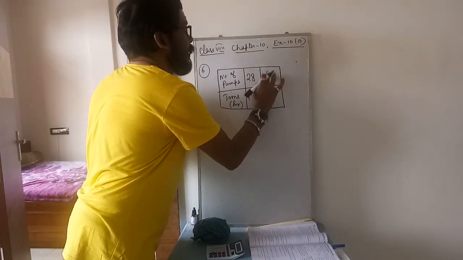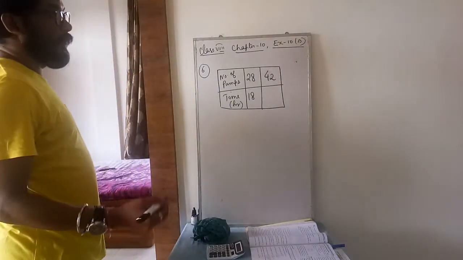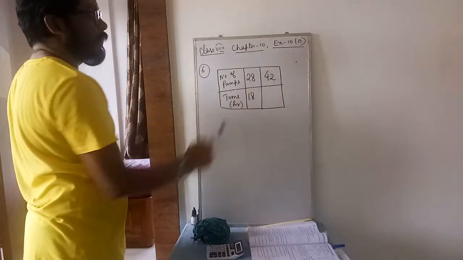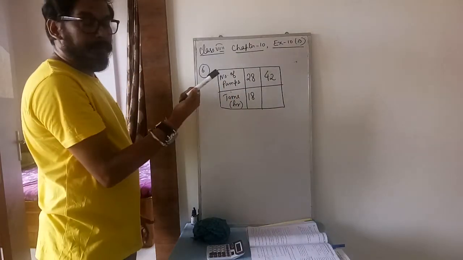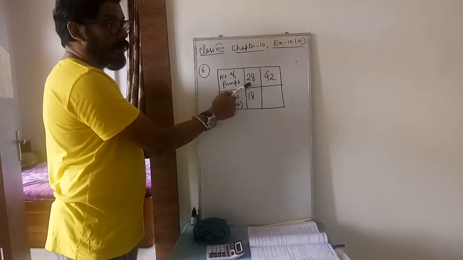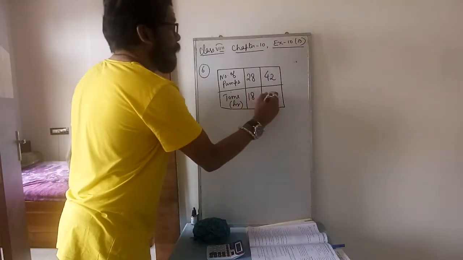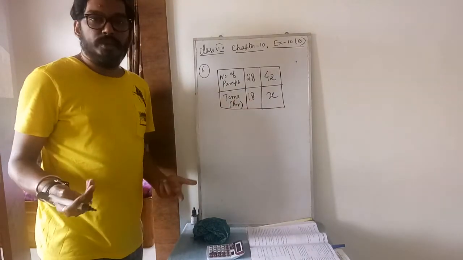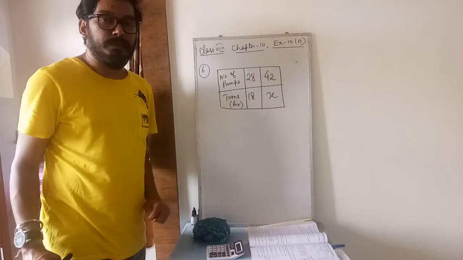So you can easily get the idea of what your answer will be. Now you have taken 42 pumps, obviously less time. More pumps, less time. Previously it was 28, now it is increased to 42. That means time will be less. So if you get time more than 18, that means you are wrong. Your time will be less than 18 because the number of pumps is more.